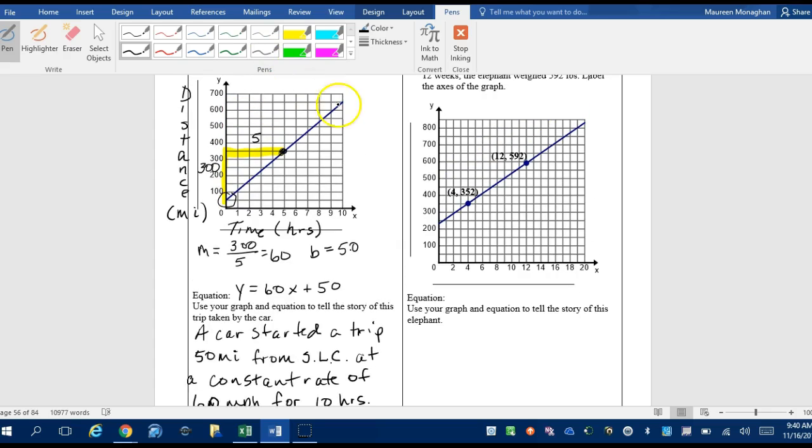Look at it, stops right here. And when is that? It stops at 10. Okay, so that's the first one.